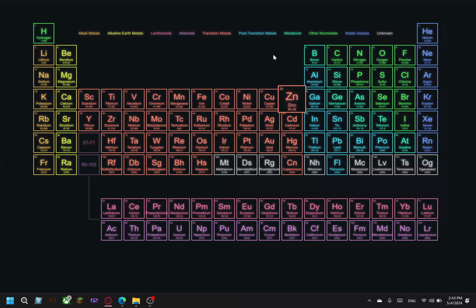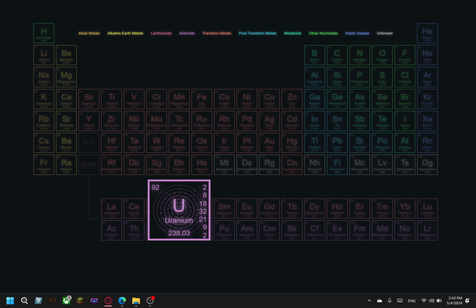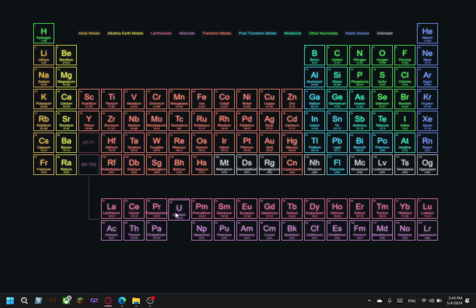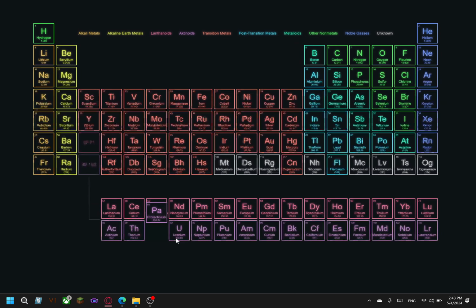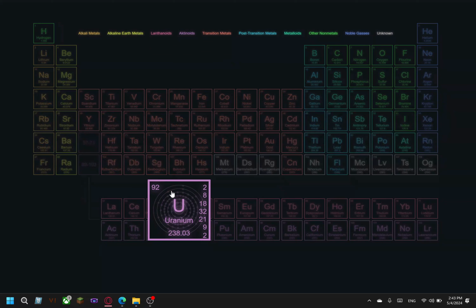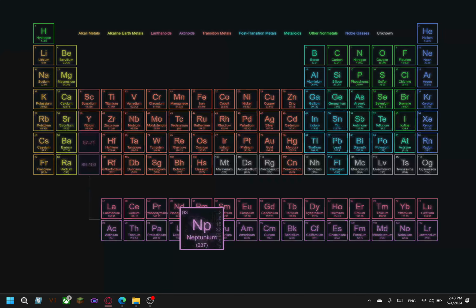If we have something that is truly radioactive, like uranium, and it goes through gamma decay, that would decrease its atomic number by 1, giving it the same atomic configuration as protactinium here. If we have the beta decay of uranium, we're increasing the atomic number by 1, which gives us neptunium.